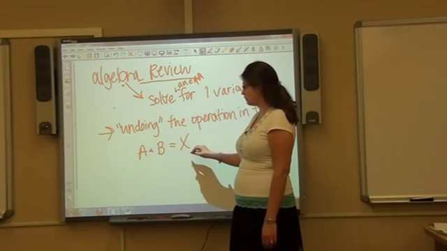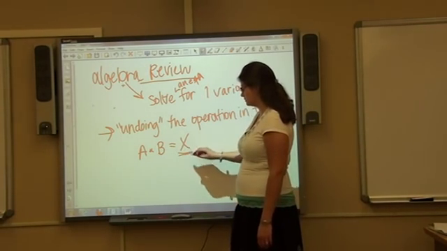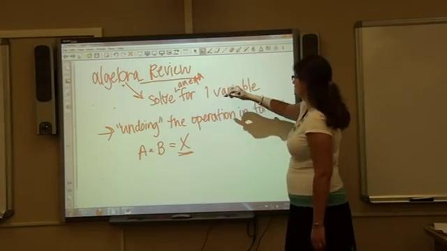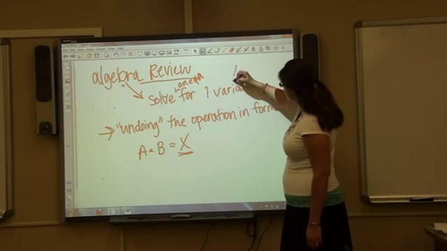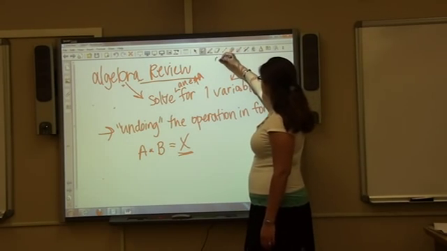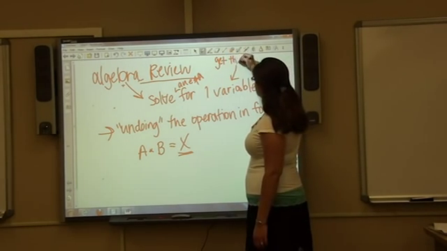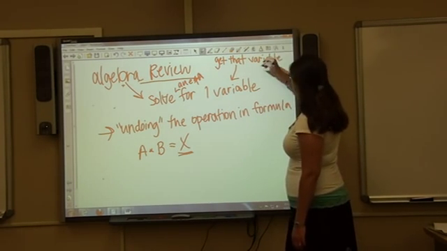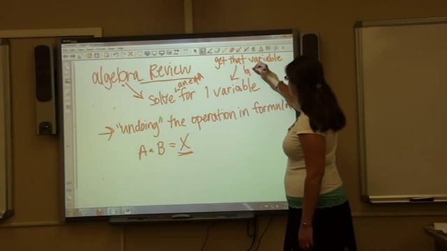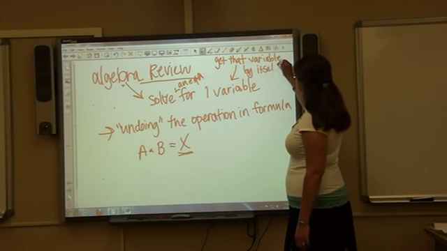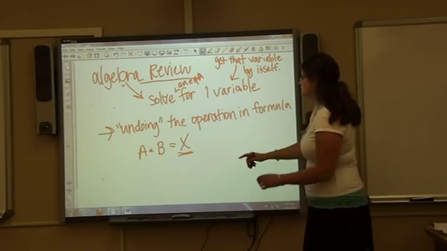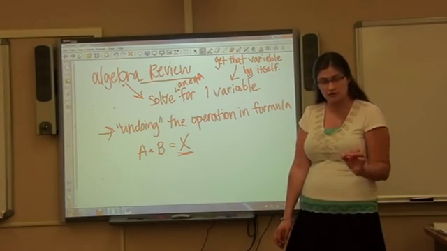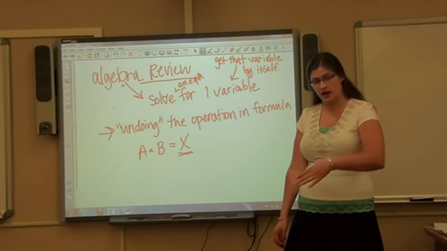So here we have a formula that's solved for X. And when you're solving for your one variable, that means that you're going to get that variable by itself. Okay, so we said that this equation is solved for X because the X is by itself alone on one side of the equal sign.